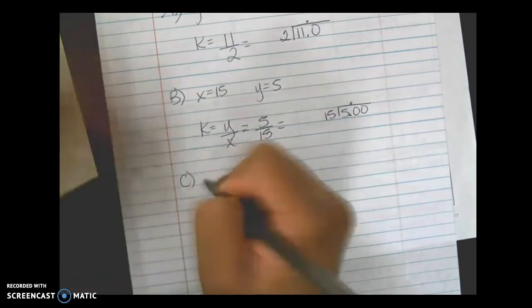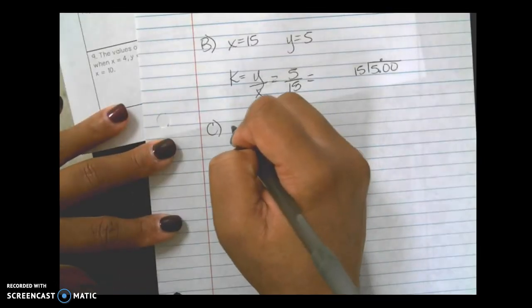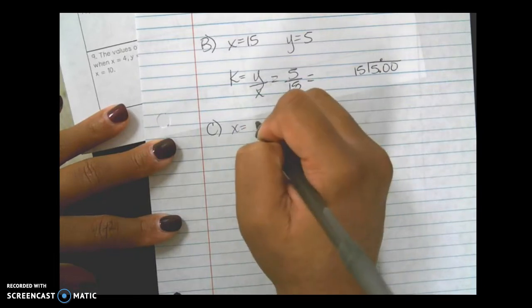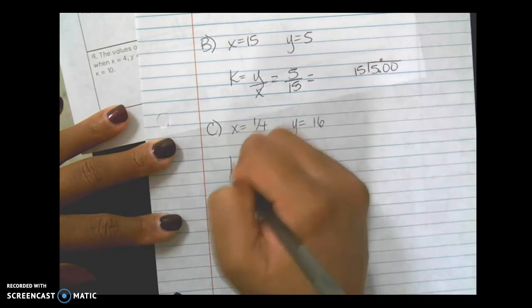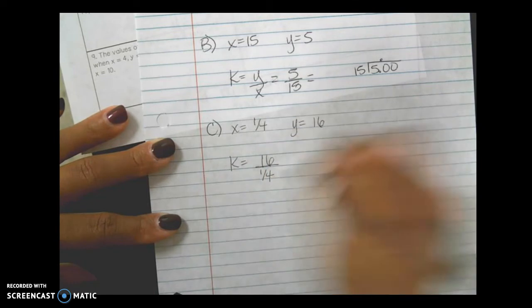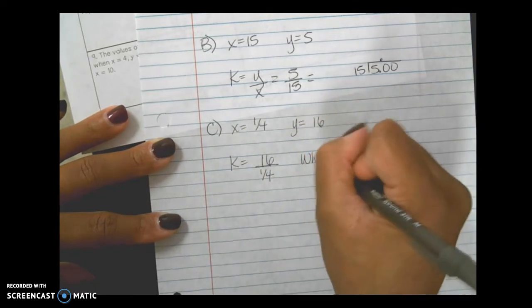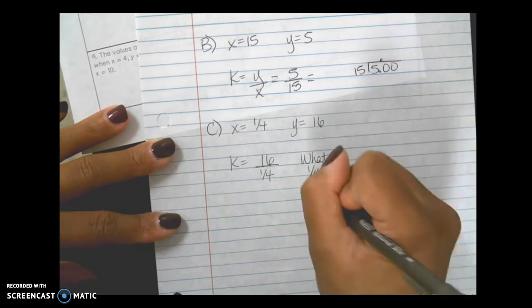Letter C. X equals 1/4. Y equals 16. K equals 16 divided by 1/4. What is 1/4 as a decimal?